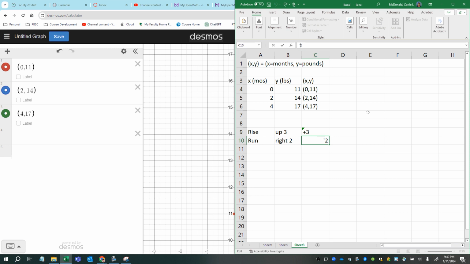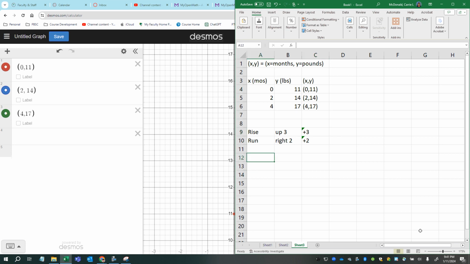If we take positive 3 and divide by positive 2, remember, anytime you're dividing and the signs of the two values are the same, you get a positive quotient, positive result. So positive 3 over 2 is the slope.